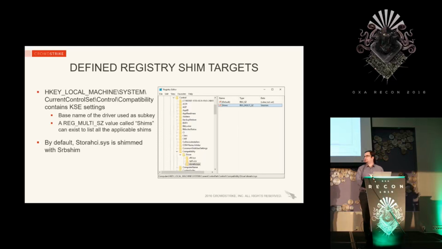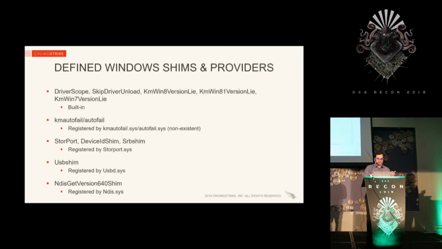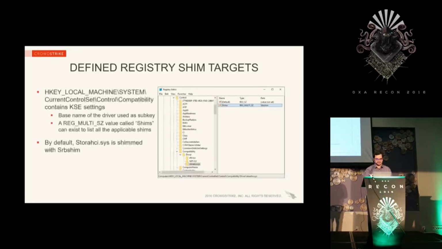It has the SRB shim applied. So basically, whenever you load storahci.sys, it's going to be shimmed by SRB shim, which on the previous slide we saw is registered by storeport. So storeport.sys will be shimming storahci.sys.